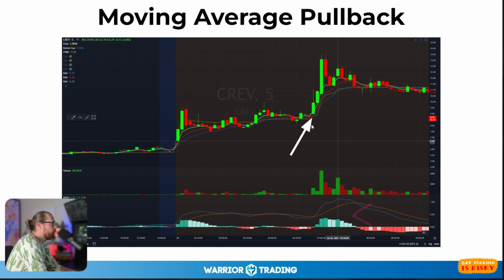Okay. Now here we've got, again, CREV, where we've got the alligator indicator turned on. And this right here shows that the alligator indicator was positive. It was already positive. The MACD crossed over right here. And actually in this case, the alligator indicator was somewhat positive the whole time, except that it dipped down for a second right here.